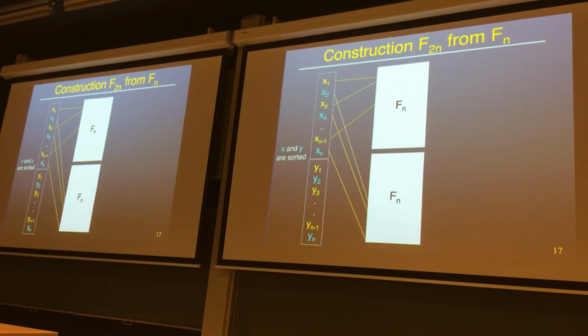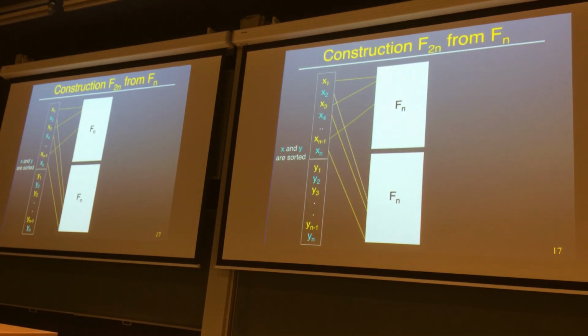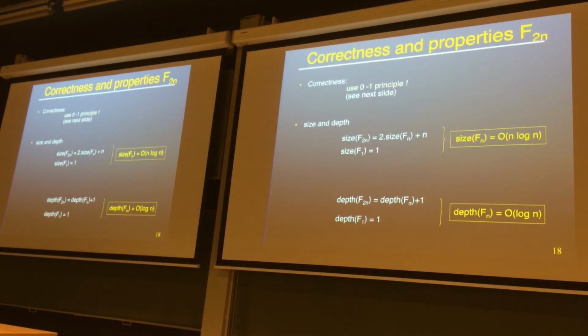And the same holds, of course, for y1 until yn. So if you have s zeros in y, then the ceiling of s divided by 2 goes to the first network, and the floor goes to the second network. So there is a slight difference between this ceiling and the floor.